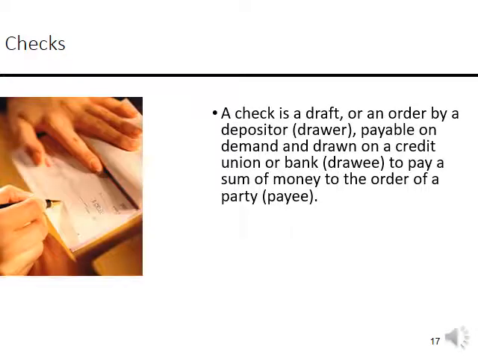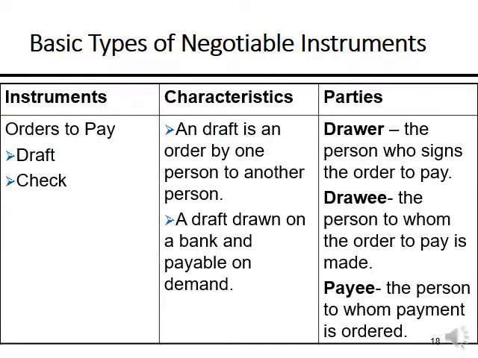A check, again, is an example of a draft, and it's an order by a depositor, payable on demand, and drawn on a credit union or bank to pay some certain amount of money to the order of the party or the payee. So the basic types of negotiable instruments. You have the drawer, who is the person who signs the order to pay.